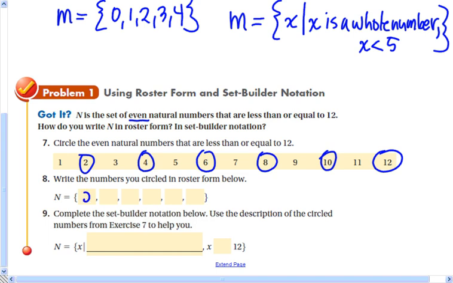So we have 2, 4, 6, 8, 10, and 12. In set builder, we describe them in this form. N equals all X such that X is a natural number, and that comma there means and X is less than or equal to 12.